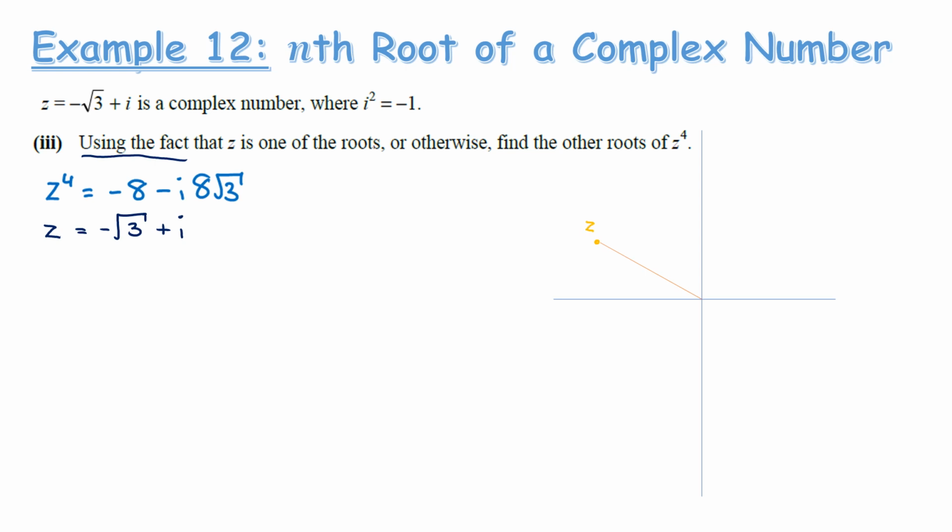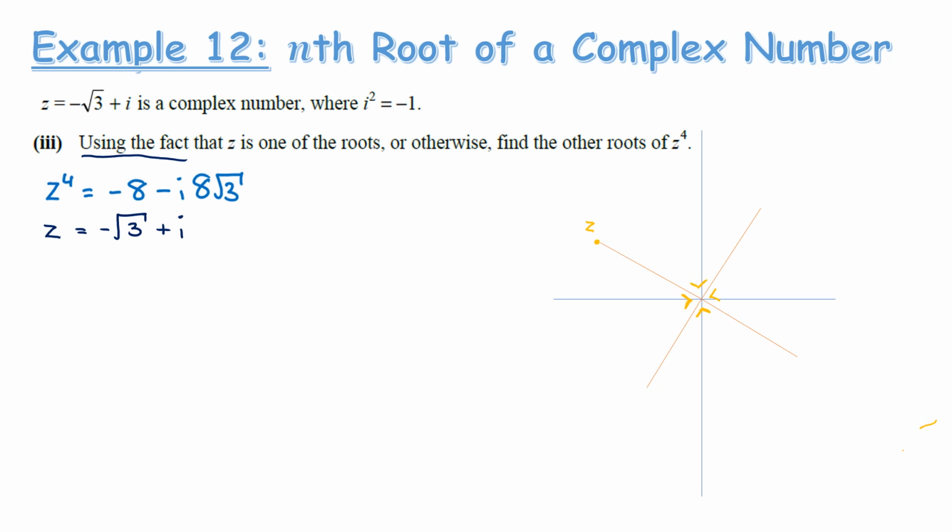There are going to be 4 of these, which means that they're going to be equally spaced around a rotation, or around 360 degrees, which means they're all going to be 90 degrees apart. And this only happens when there are 4 answers. So when we're looking for an answer to the power of a quarter, like in this question, they're all going to rotate anti-clockwise at a 90 degree angle, because I'm going to have to fit 4 of them in. So there's my 4 answers.